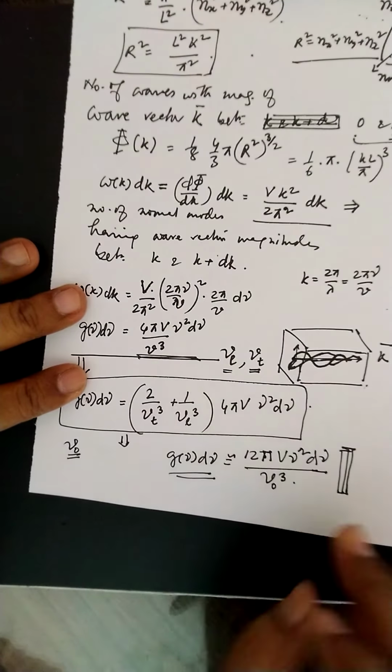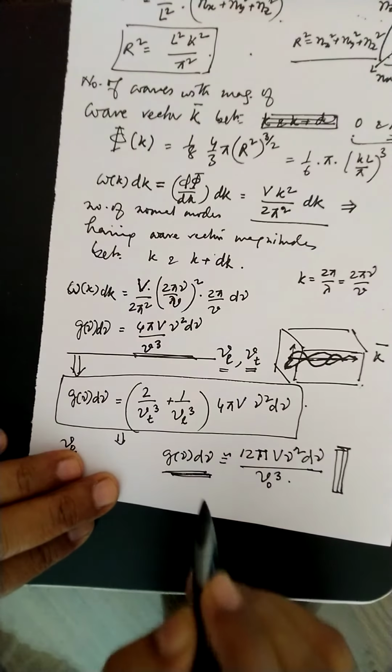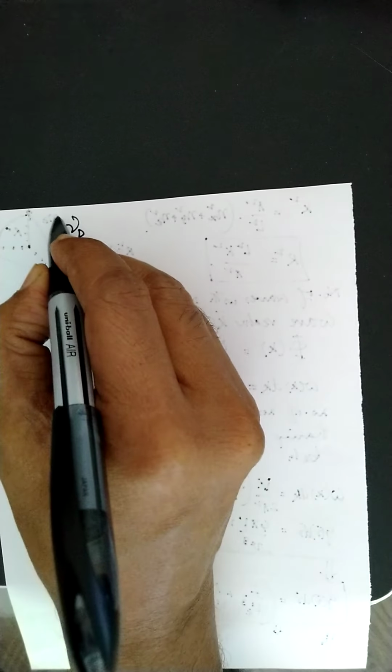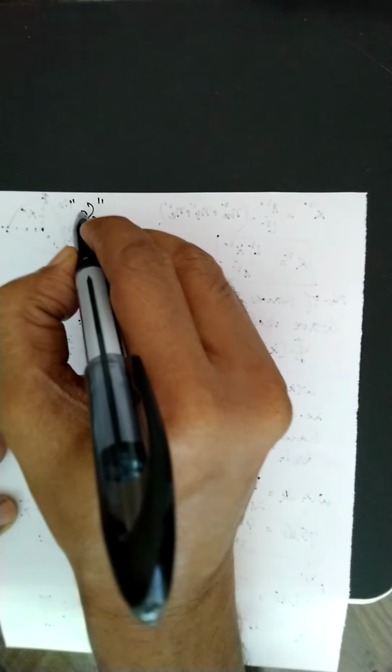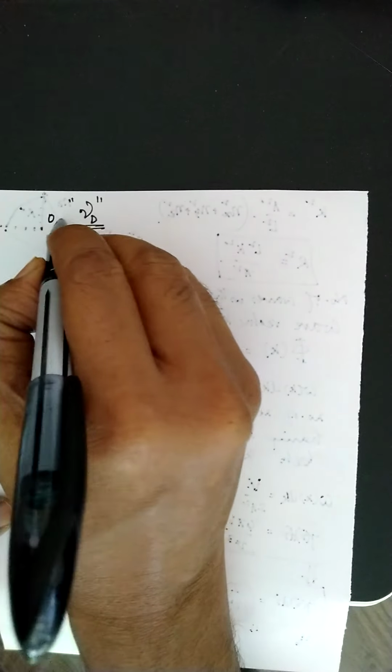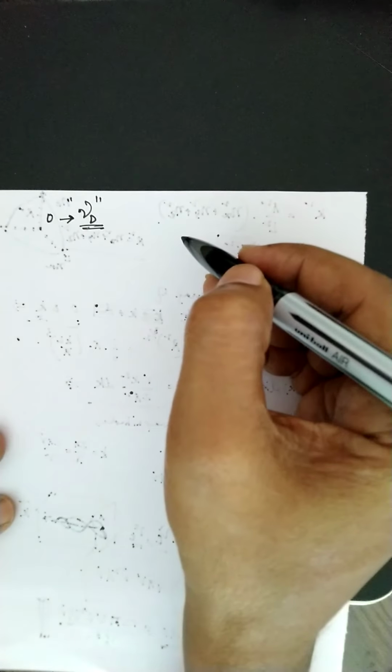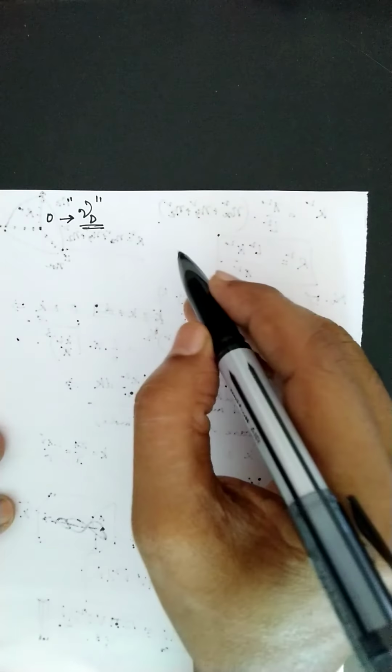So once Debye considered that this kind of frequency dependence is there for g nu d nu, he also had to satisfy one equation. So he considered that there is a maximum value of frequency. It cannot just go on increasing up to infinity. Being really realistic, Debye thought that it can go from 0 up to a maximum limit of frequency depending on the characteristics of the crystal.